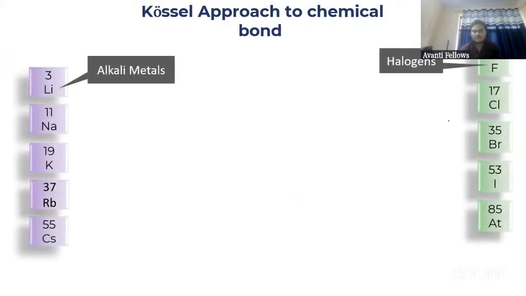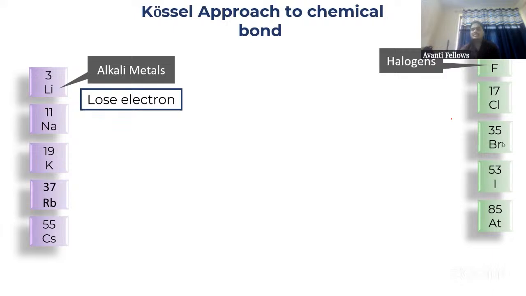OK. Now similarly, the approach to chemical bond: for example, if we have alkali metals, and in group 17 we have halogens. What is the nature of alkali metals?